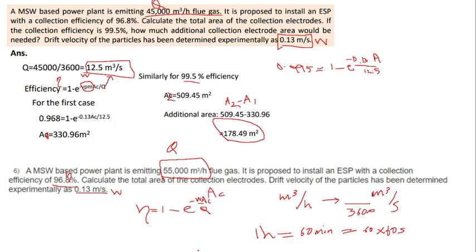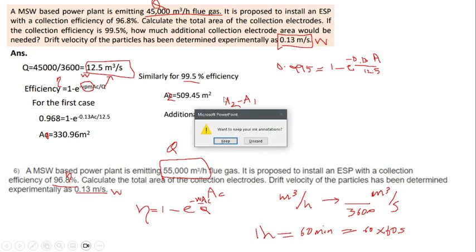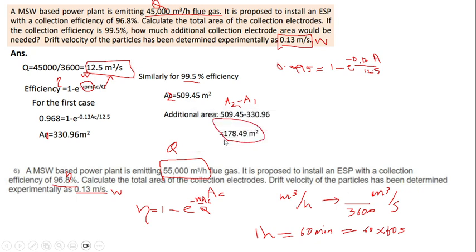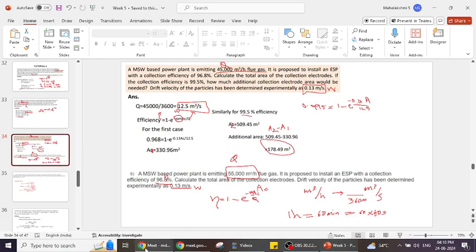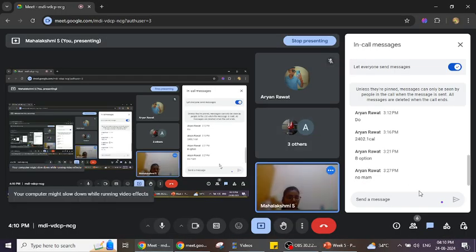What is the total area of the collection electrode? Has anyone solved this question?